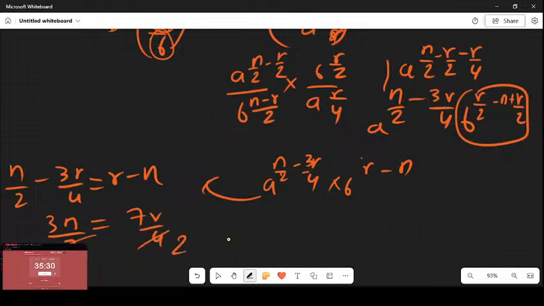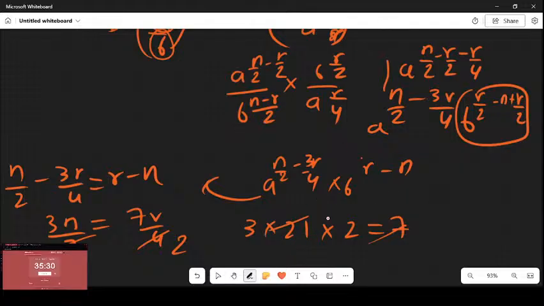If I cancel it like this, 3 into 21 into 2, since they have given the value of n, we substitute the value of n, and this is nothing but 3, 9, 18. And 18, we made a mistake, because there is no 18 in the options. 18 is not in the options, we have done some mistake.